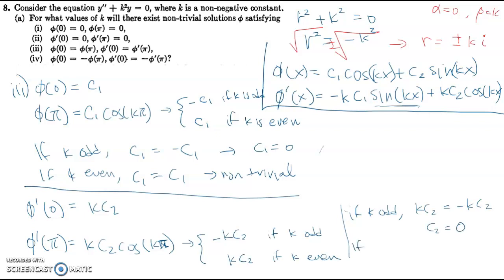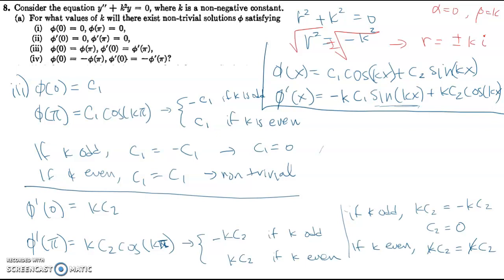If k is even, then we have k c2 equals k c2. This c2 can be any value, because k is the same thing, so we can just take that away, and that's going to allow us to have any values for c2.